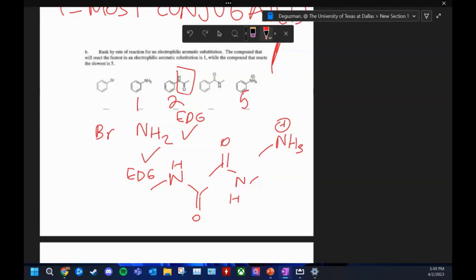The way I like to remember it is while bromine is electron withdrawing, it's also an ortho-para director, which is sort of like, okay, it can't really choose. It's not quite electron donating and not quite electron withdrawing, right? So we can put that as our number 3 and our carbonyl as our number 4. Everyone agree with that? Any questions?